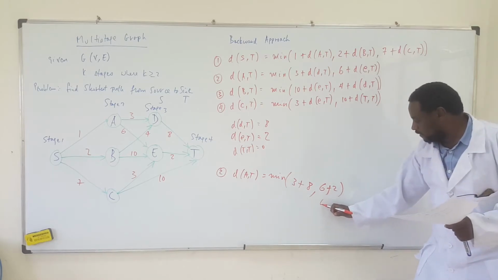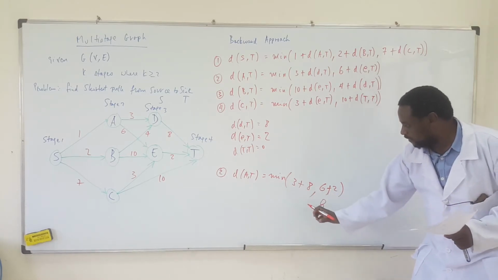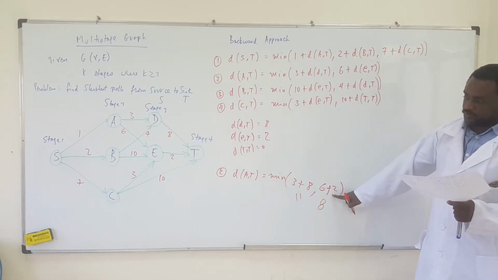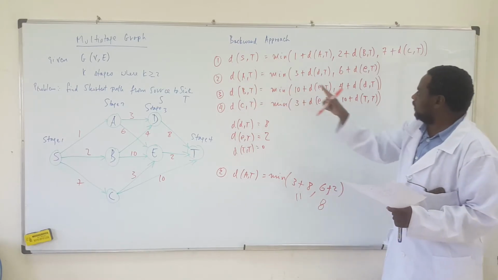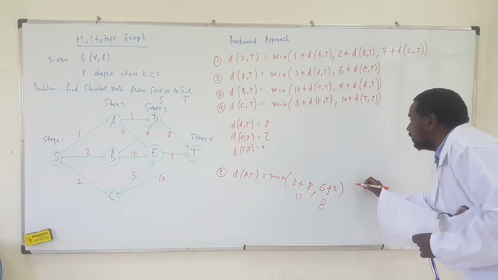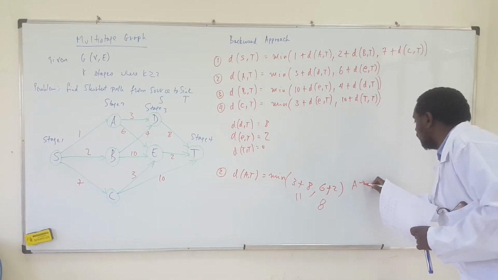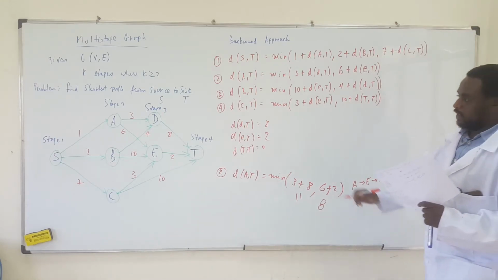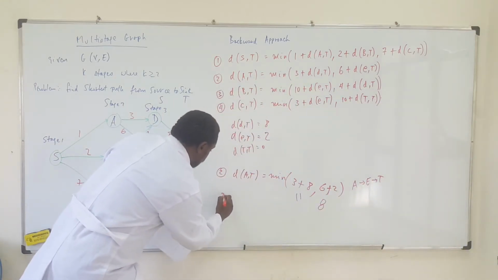This will be 11 and this one will be 8. So this one is the shortest. So the shortest path from A to T goes through E. This will be A E T.